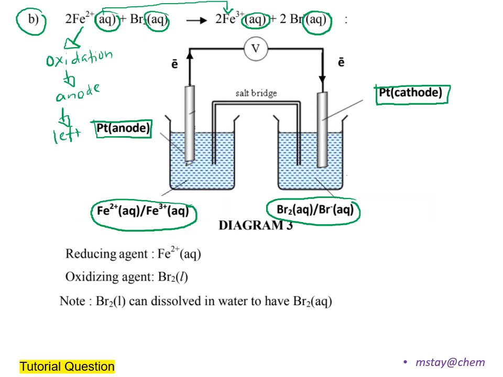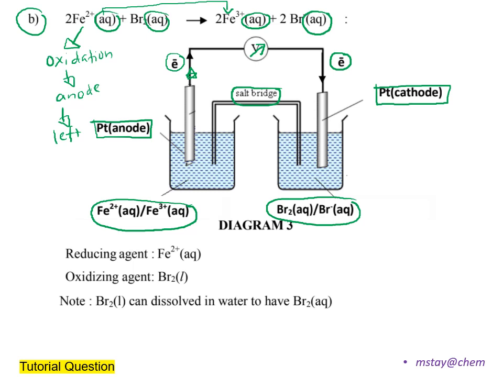Again, the solutions are connected by the salt bridge. The electrodes are connected by the wire so that the electrons can flow from anode to cathode. Then the needle of the voltmeter will deflect from left to right.